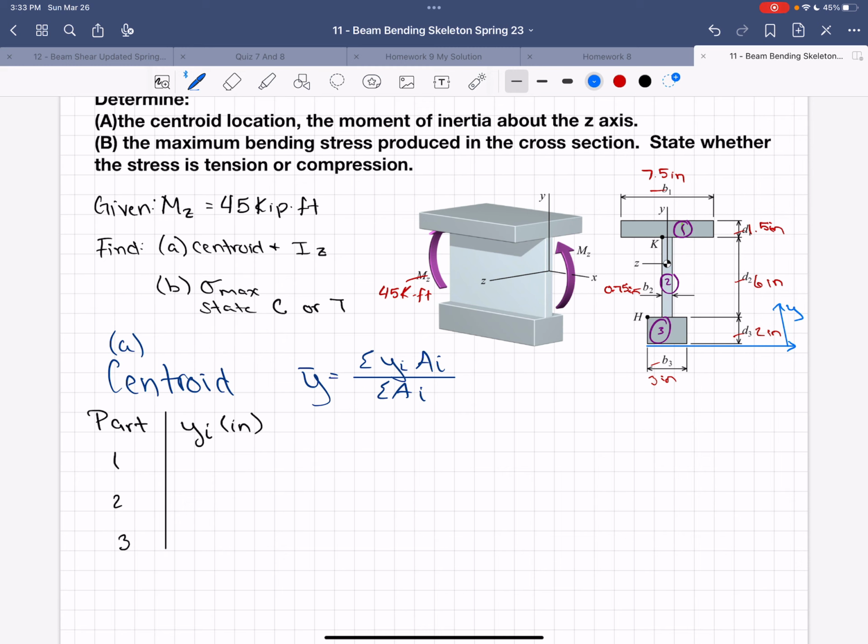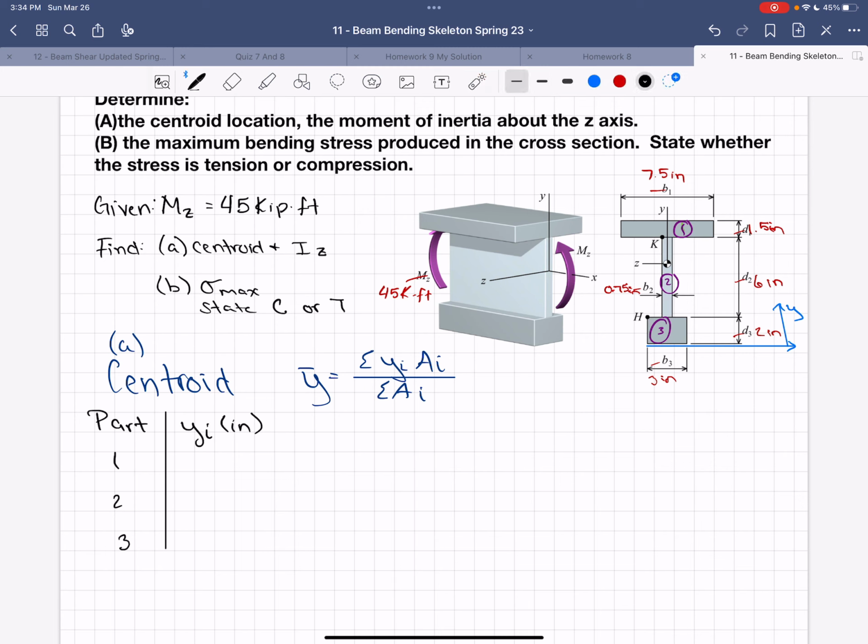Okay, so for part 1, we have to go up through part 3, that's 2 inches, up through part 2, that's 6 inches, and then halfway up part 1, which is 1.5 over 2.